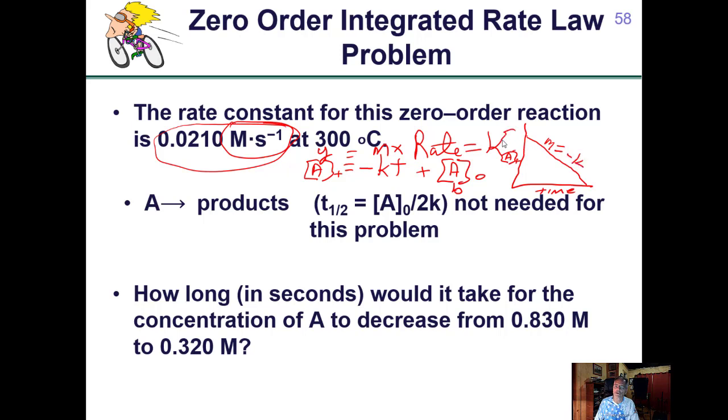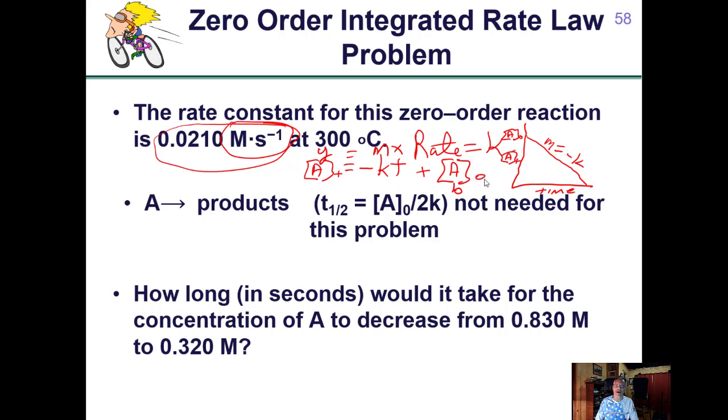The y-intercept would be the starting concentration. And so it has some similar features to the first order integrated rate law, except that we haven't manipulated the concentrations of the reaction at all. We've got just the concentration of A, A at time T is equal to minus KT plus A naught.